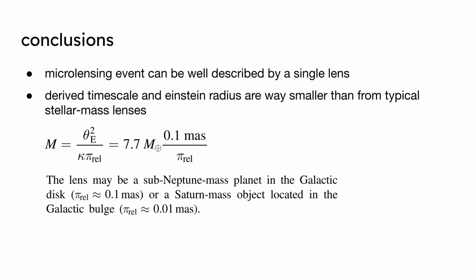In conclusions, the observed event can be well described by a single lens. Although you can never really be too sure, because it can be just a very huge separation of the host and the planet, or if the mass is small, it's unlikely that it's two planets orbiting each other.